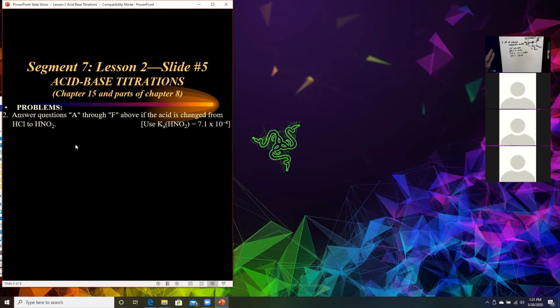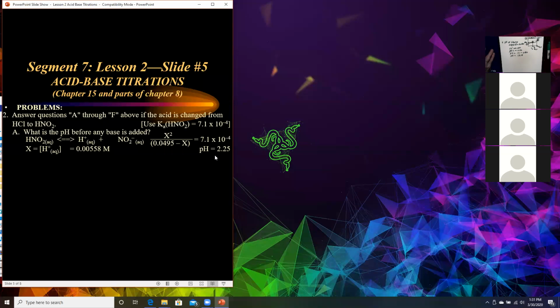if we did the same thing with the nitrous acid example, before any base was added, we would do our calculation like we did before. We would get the hydrogen ion concentration. The pH would be 2.25 to start out with the weak acid. Notice the weak acid has a higher pH than the HCl did. It's supposed to. It's a weak acid. Okay, and then what is the pH after 1 milliliter of base is added to this one?